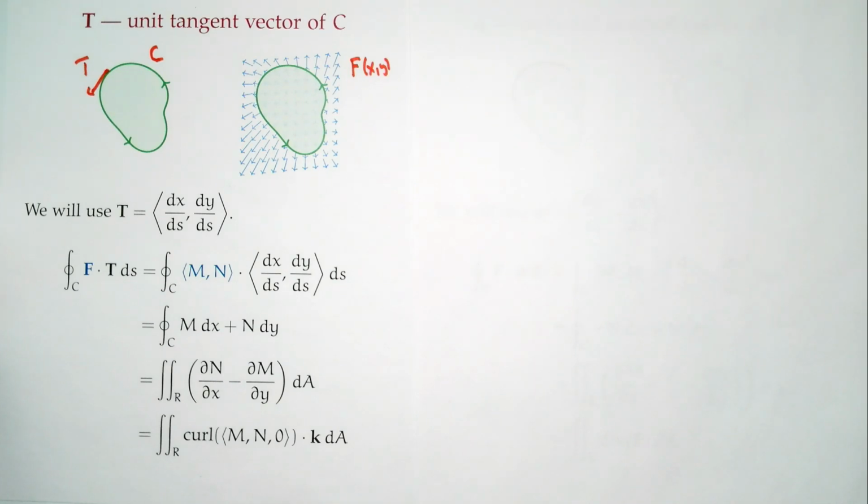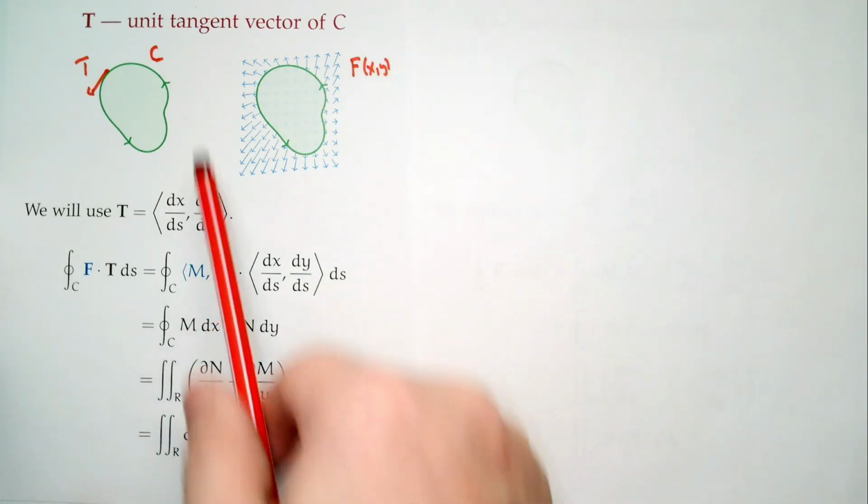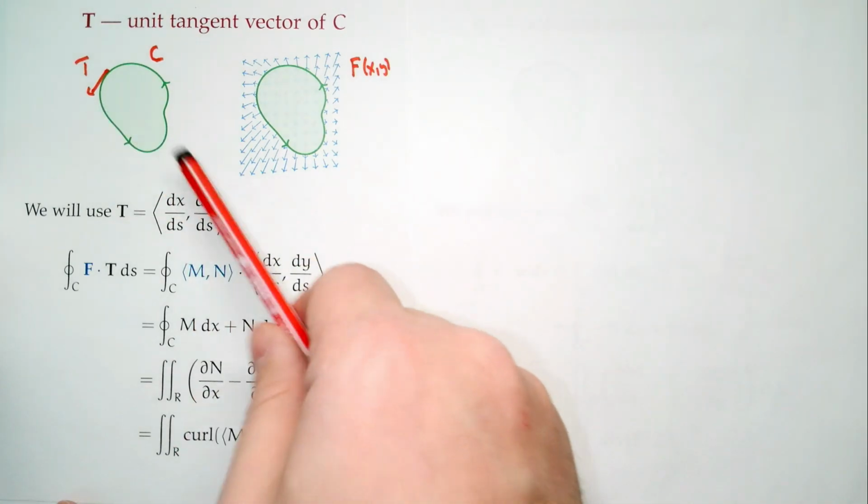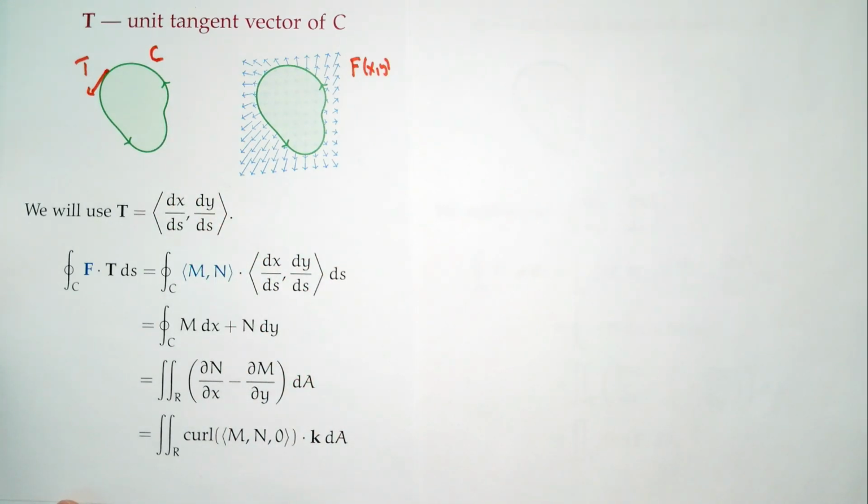But this is something that we're going to show actually works in a three-dimensional setting just as well. By the way, how do we think of k? Well, if I'm in the xy plane, where is k at in the xy plane? It's coming out of the plane. It's perpendicular to the plane. And essentially what k is telling you is how you stand on the plane. So coming up out of the plane, it's how you stand.